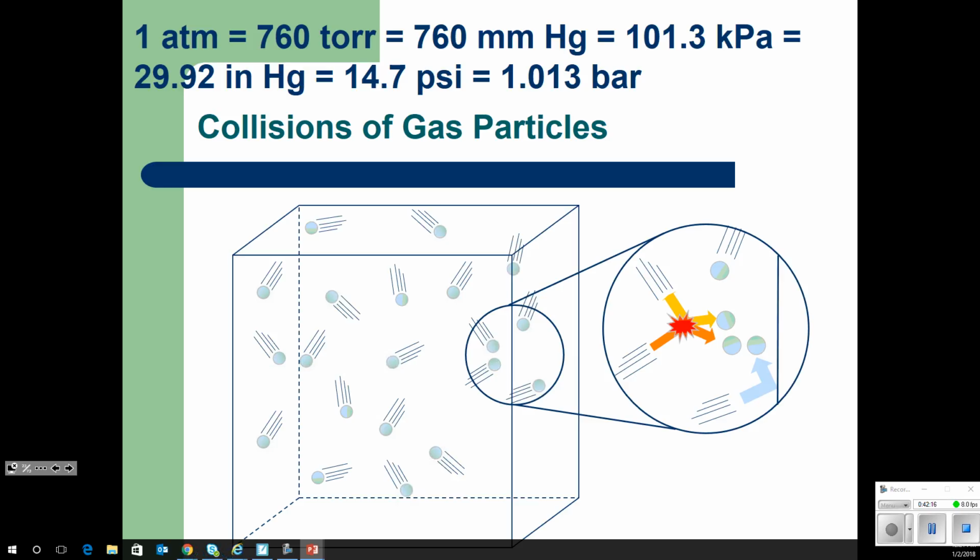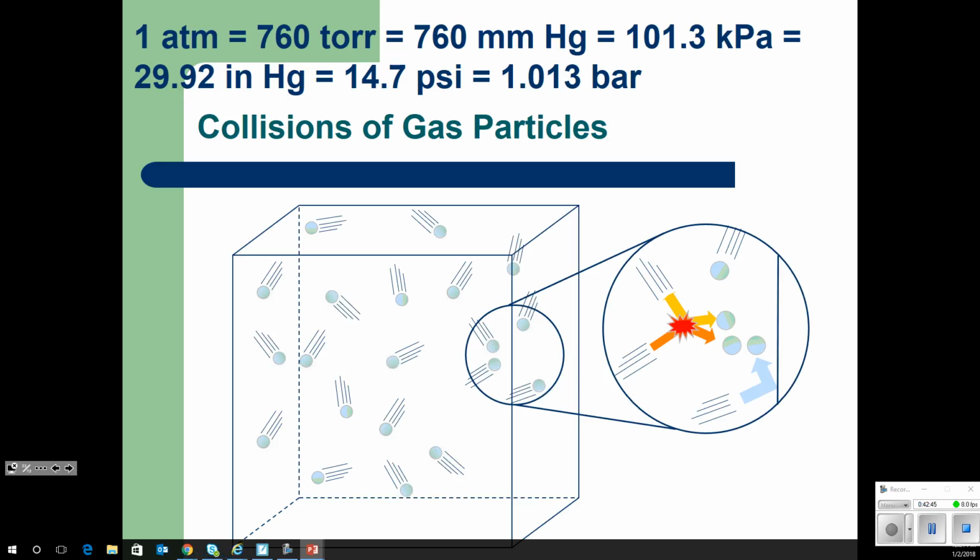So 1 atmosphere is equal to 760 torr is equal to 760 millimeters mercury. By the way, the guy that did millimeters mercury, his name was Torr. That's why these two are the same. Okay? 101.3 kilopascals, 29.92 inches mercury, 14.7 psi, pounds per square inch, and 1.013 bar.